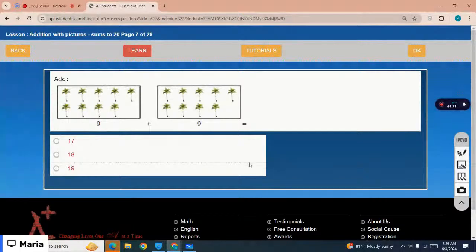Eighteen. Yes, the correct option is option number 2. 18. Very good.